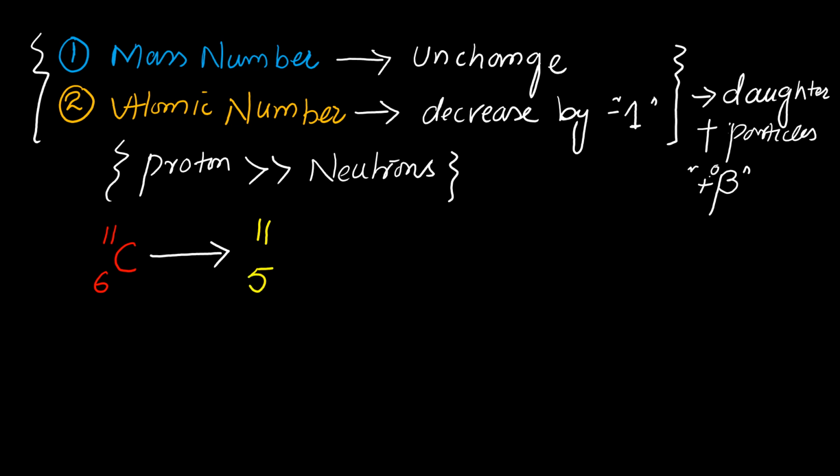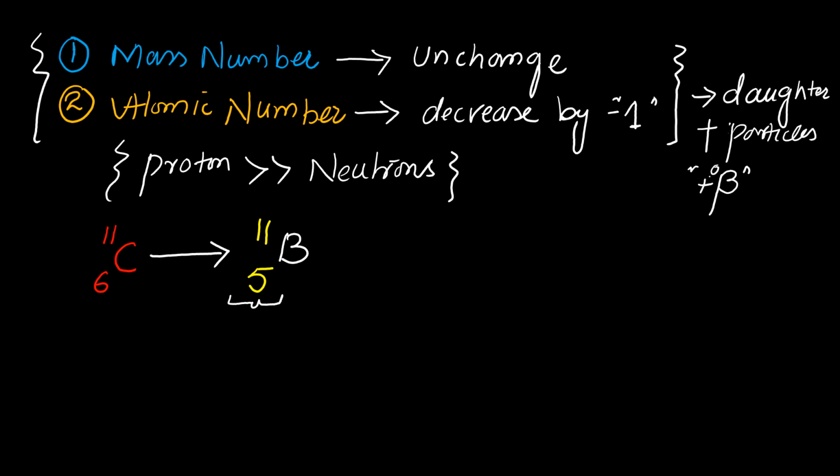Now we need to use a periodic table to know what type of daughter element is formed during the positron decay, and what is the element having atomic number 5. So we can easily find that it is boron having atomic number 5.